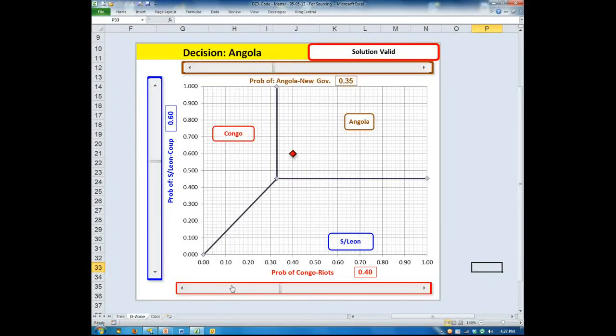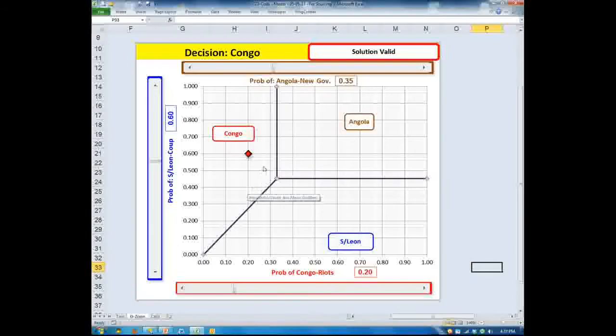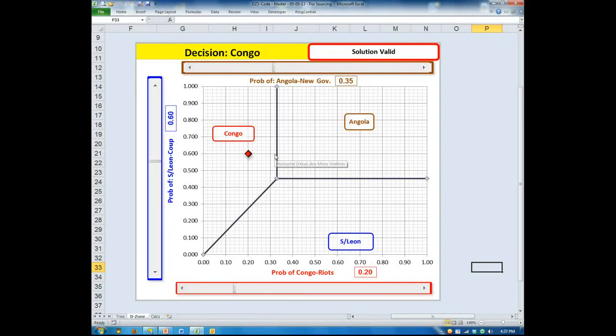And if we have some doubts now, we can go back to Congo. So you see, management can now sit at a table and discuss the exposure levels. And once again, this horizontal distance from the diamond to this zone demarcation line horizontally, or from the diamond to this demarcation line, tells us how much latitude we have with our assumptions.